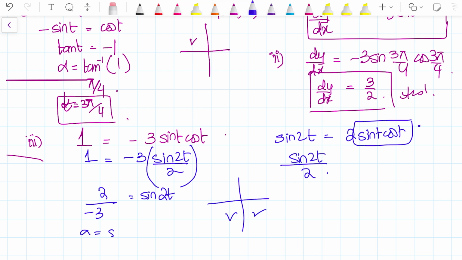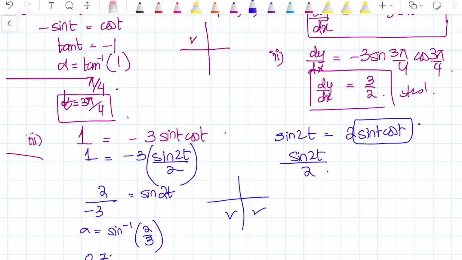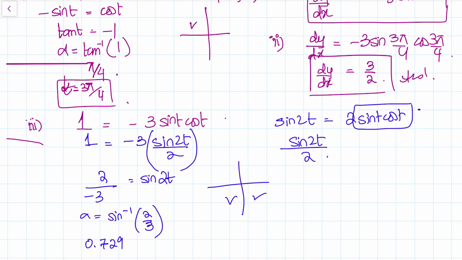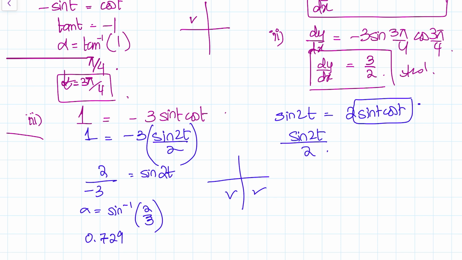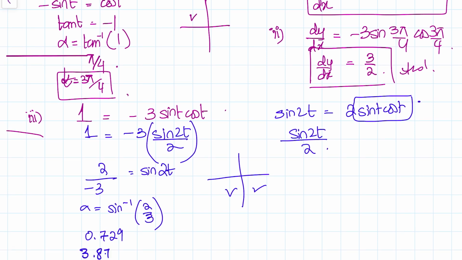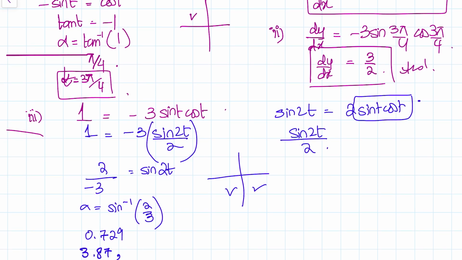Let's find out the basic angle first. Basic angle becomes 0.729. Pi plus 0.729 gives you 3.87. 2 pi minus 0.729 gives you 5.554.